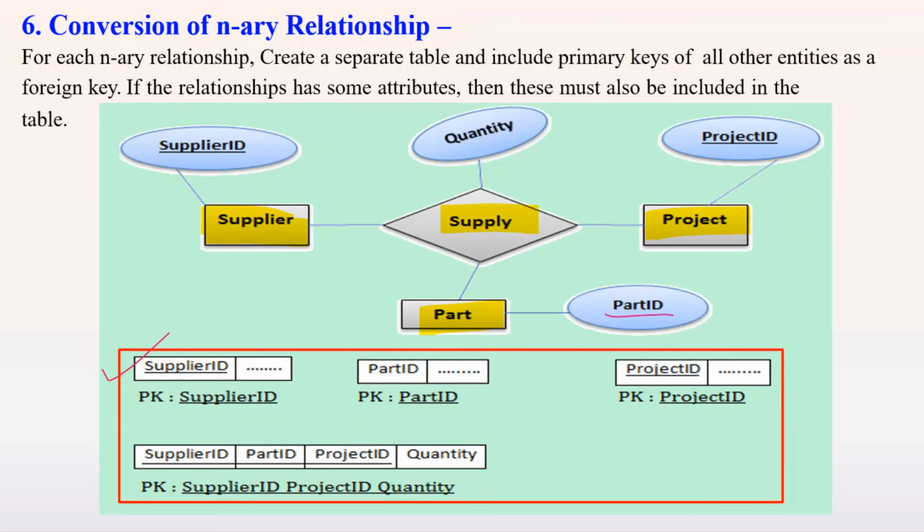So just create a separate table for each and every entity, and now create the last table for this relationship as the supply table with the IDs of primary keys of all the participating entities, supplier ID, part ID, project ID, and the attribute of the relationship as quantity. So quantity will be included here and all the keys are included here. So this is a very simple conversion.